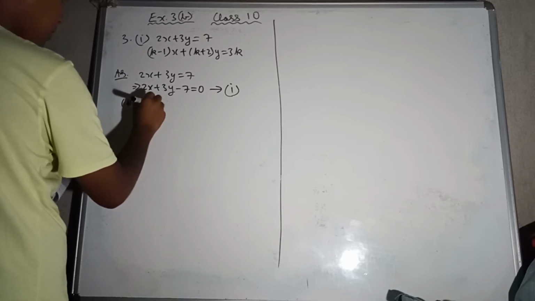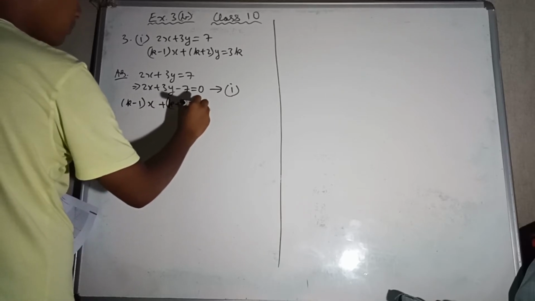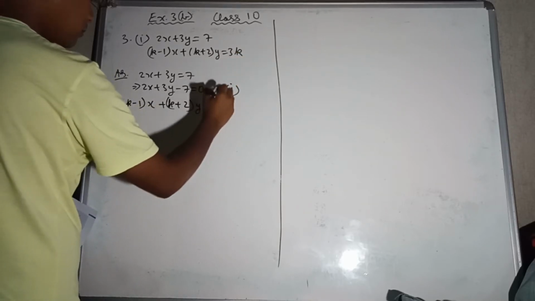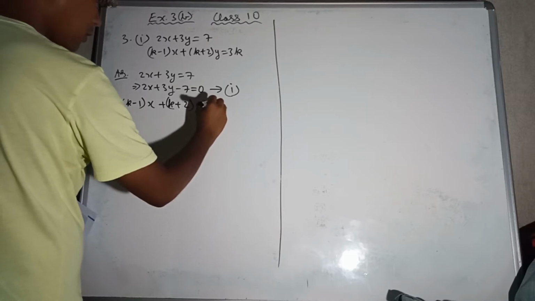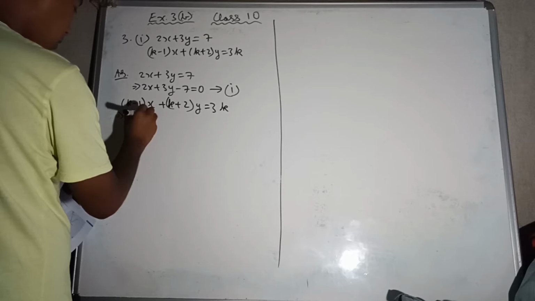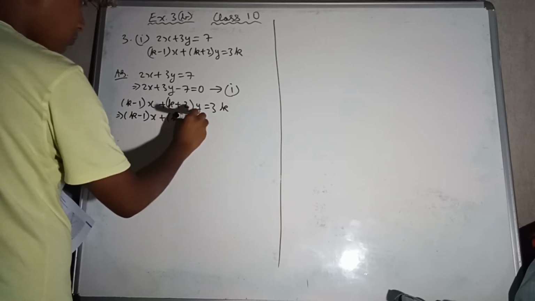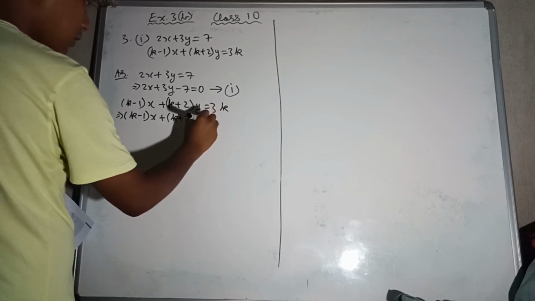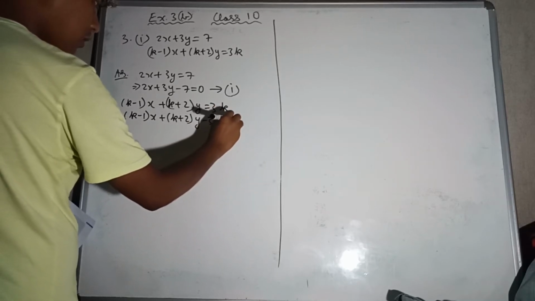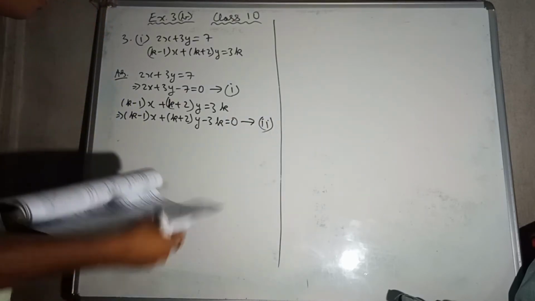Equation 2: k minus 1 into x plus k plus 2 into y equal to 3k. This implies k minus 1 into x plus k plus 2 into y minus 3k equal to 0.